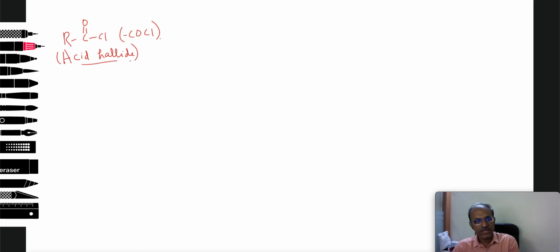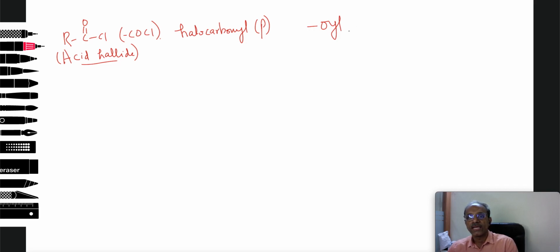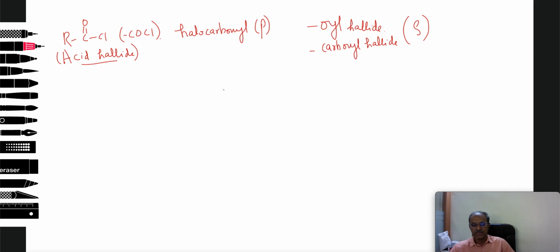Just look at the previous slide every now and then, so that the flow continues for all the functional groups. Now for acid halide, the prefix is halocarbonyl. The suffix is oyl halide, or else carbonyl halide. This is the suffix part.